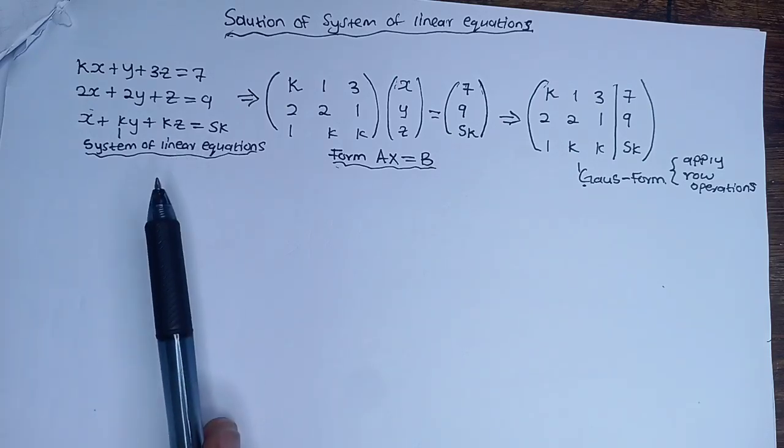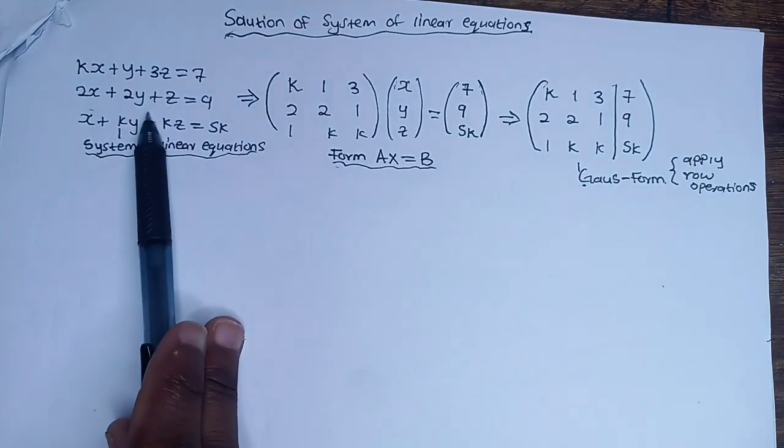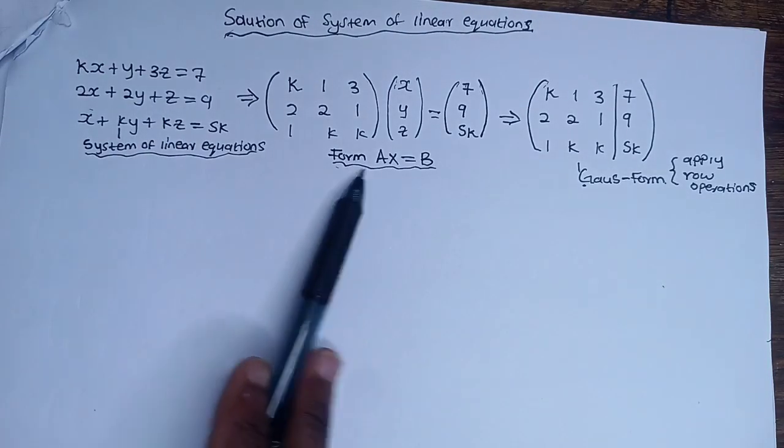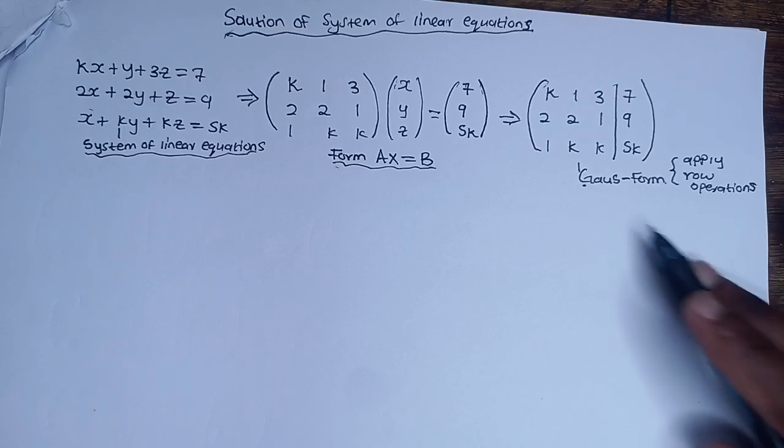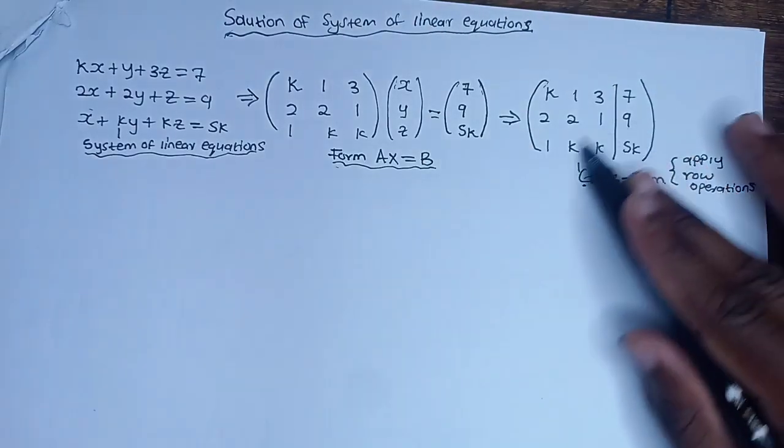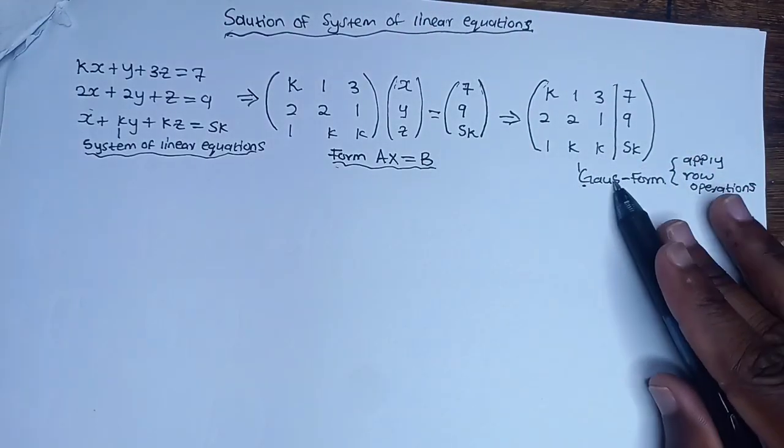For that, we'll first have to write the system of linear equations in matrix form. So this is in the form Ax equals b. We'll write it in this form so that we can apply the Gauss elimination method.